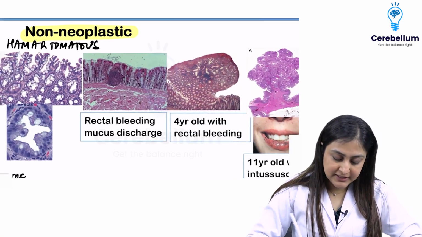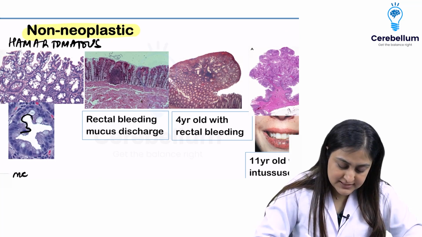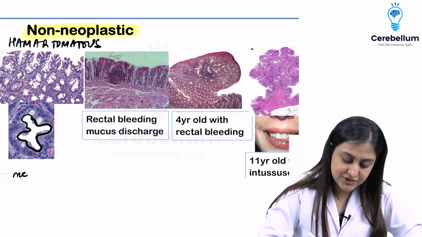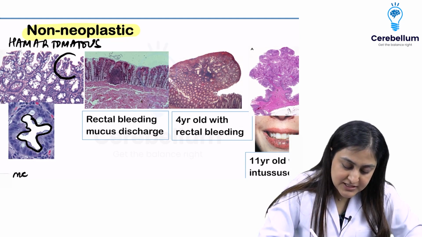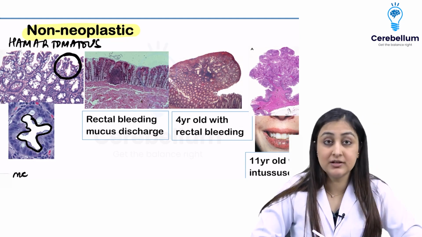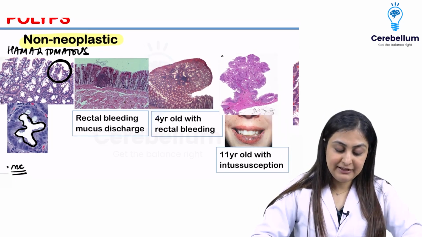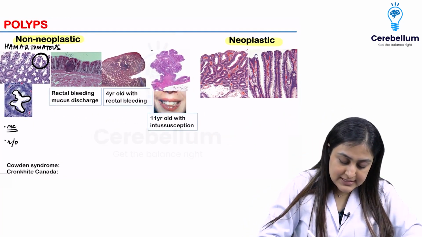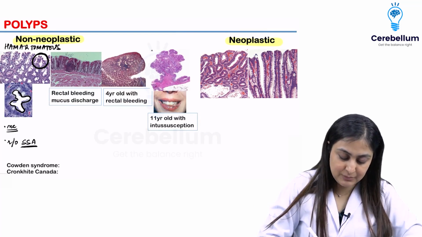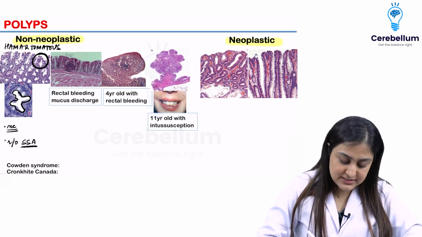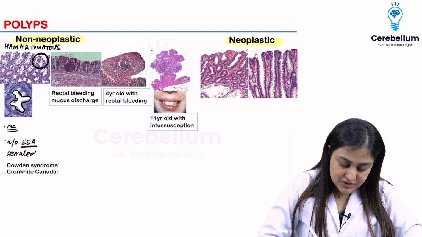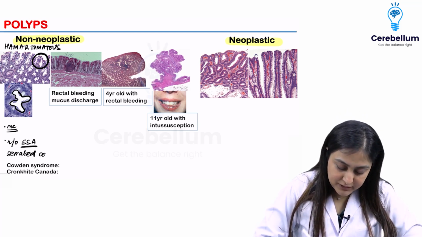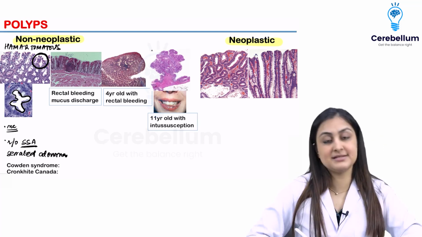What you're going to see here are these serrations. Can you see these serrated margins on an axial section here? If these serrations are only in the top one-third, that is hyperplastic. If it extends throughout the thickness, then you have to rule out sessile serrated adenoma, SSA, which is again a neoplastic sort of polyp if there is full thickness serrations.